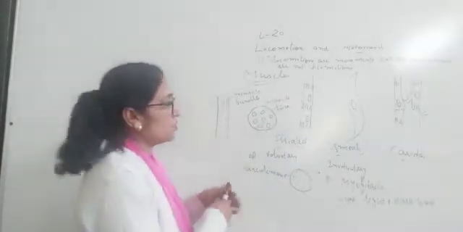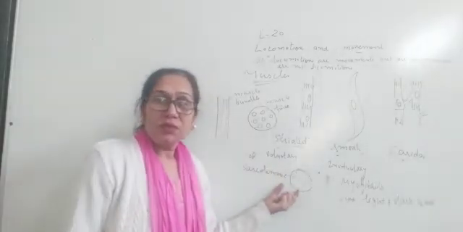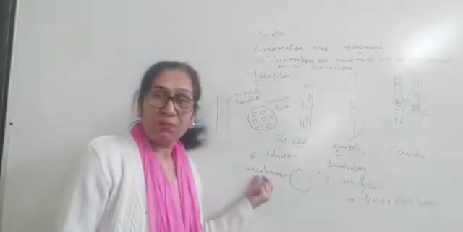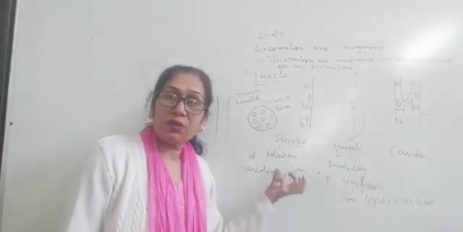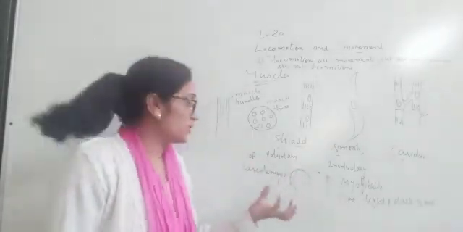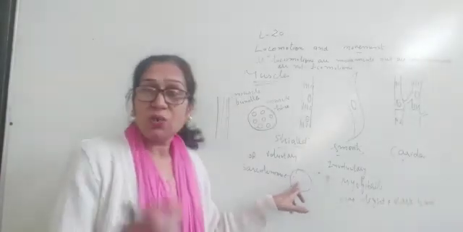Now if I take one fiber, the outer membrane is made up of plasma membrane. We call it sarcolemma. Inside you have sarcoplasm, right, which has lots of mitochondria and organelles and lots of calcium inside. Now inside you can find a large number of myofibrils.